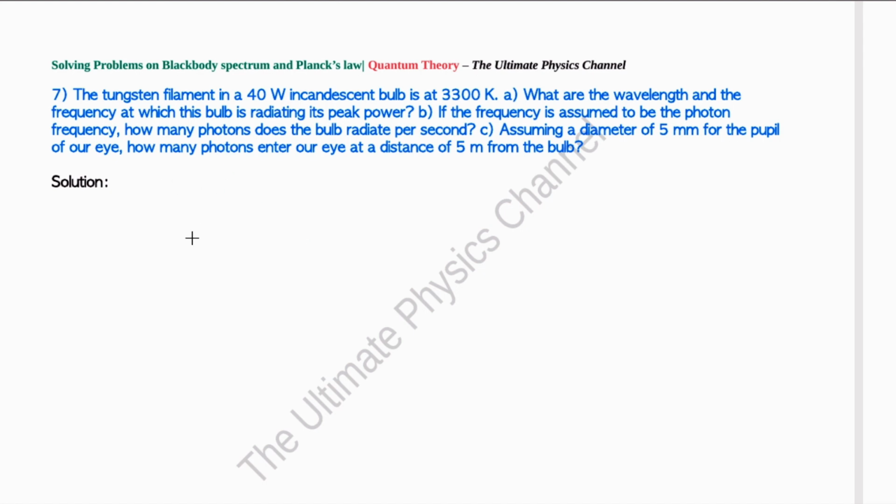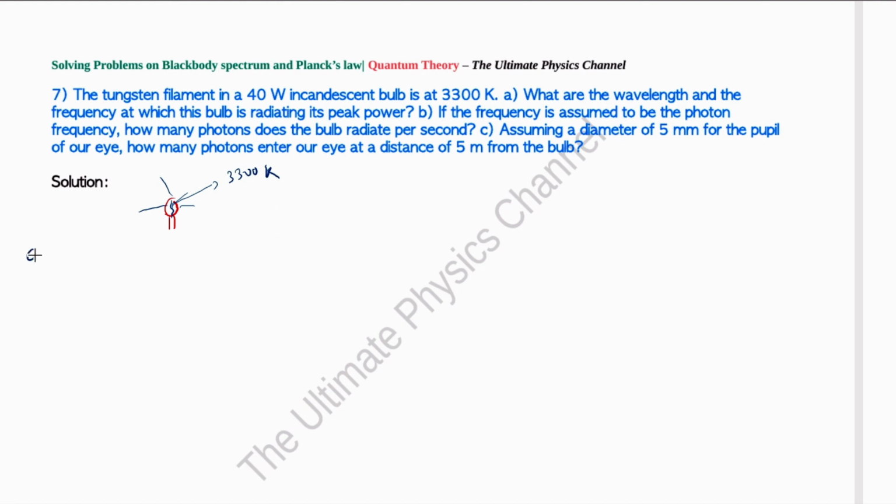So we can see that there is a tungsten filamented bulb, right? And this is radiating. It is an incandescent bulb. So the tungsten filament temperature is 3300 Kelvin inside this bulb.